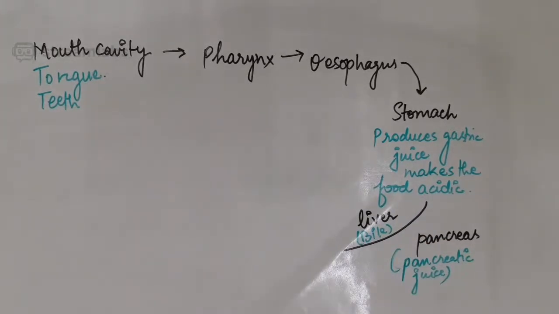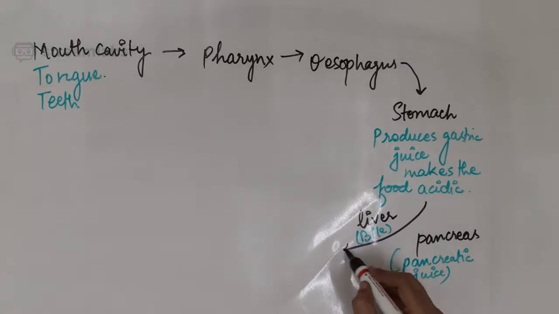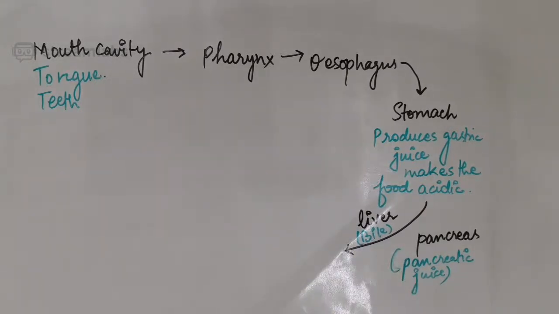These two organs, that is liver and pancreas, pour their secretions, and the food gets mixed with them properly and goes into the small intestine.